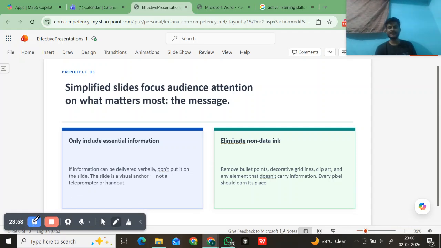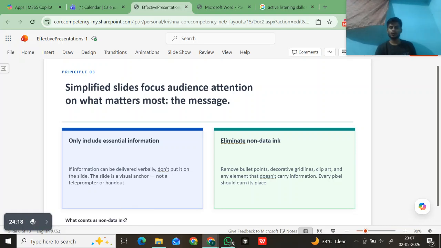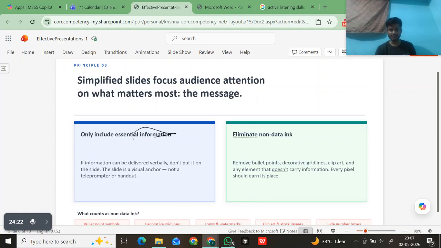Now, simplified slides focus audience attention on what matters the most. We should focus on the message, not on drawing and all, right? Only include essential information. If information can be delivered verbally, don't put it on the slide.